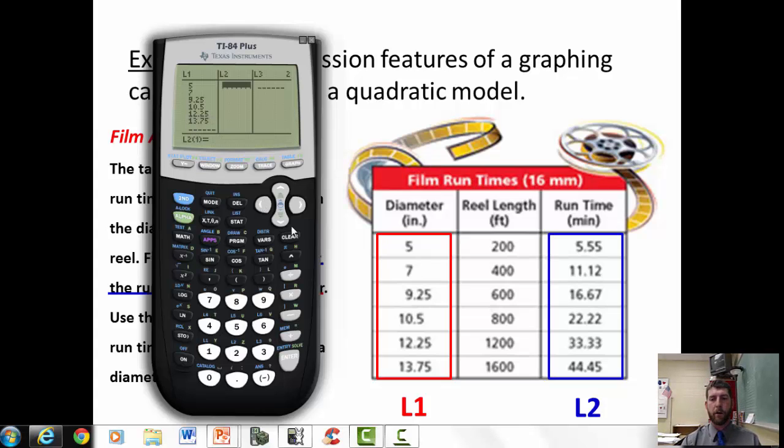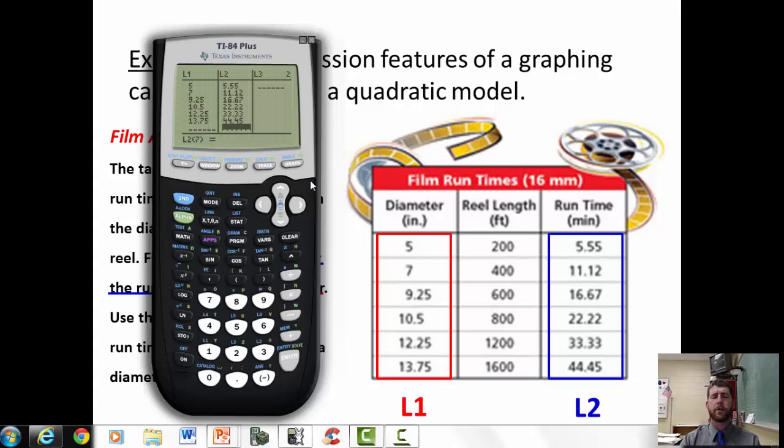L2 is going to be our y's, sorry, our dependent variables, what we get out. So 5.55, 11.12, 16.67, 22.22, 33.33, 44.45.